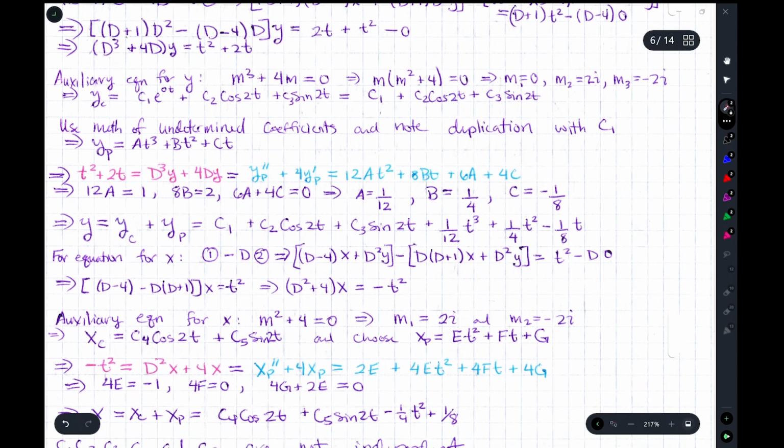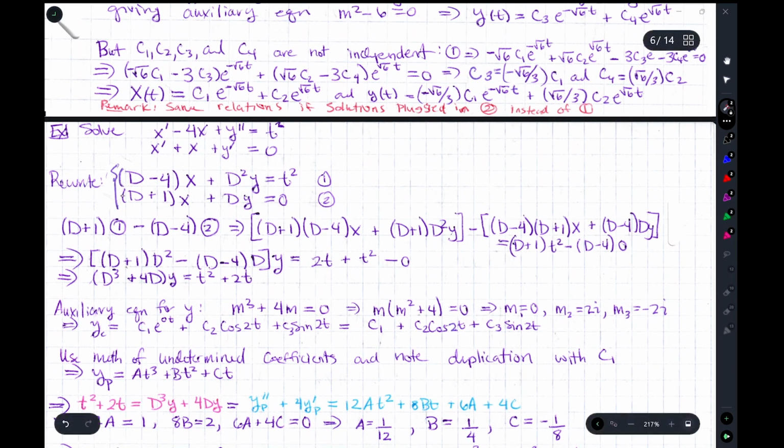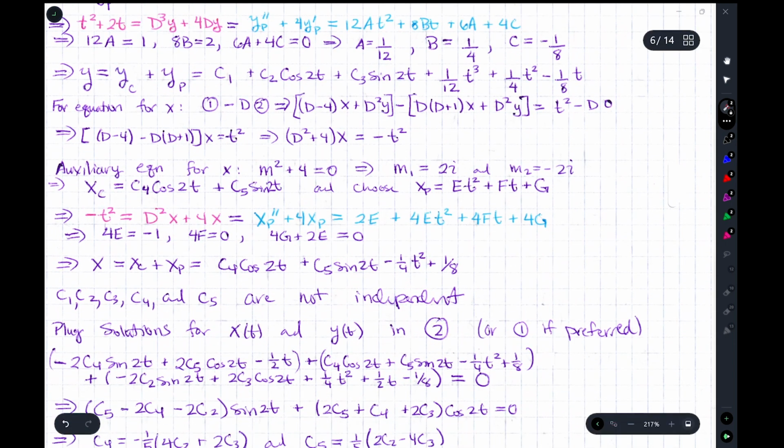There is no free lunch. So now we could do this for x. We could subtract out now y. You could see if you operate 2 with D, you get a D squared here and a D squared there, and you could subtract them. And that's precisely what we're going to do.